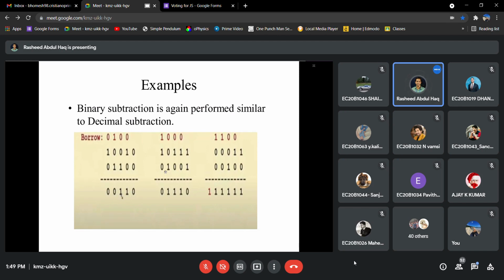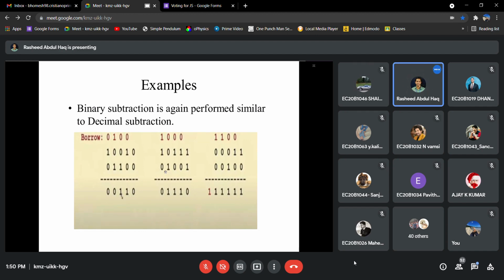Please do it in the notebook. I will explain. Sir, I didn't get it. You didn't get what? Like how to subtract this? Yeah, sir. Okay, we'll explain the middle one.